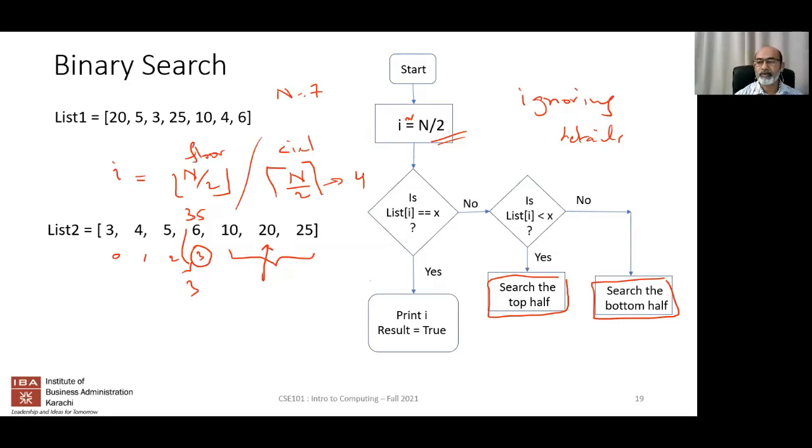I'm not going to show you the algorithm right away, but you get the high level concept that you're going to look at the middle portion over here. If you're searching the bottom, you'll make this the list, and the new value of I will be over here.